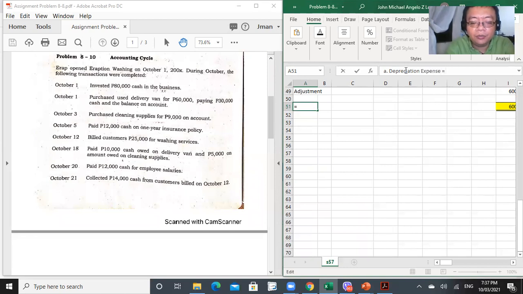The formula here is basically the acquisition cost, you minus your salvage value or any salvage value, and after that, you divide it by your estimated useful life. That's the formula to compute for your depreciation expense.